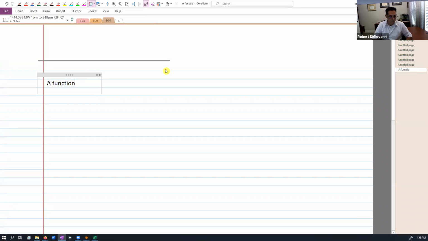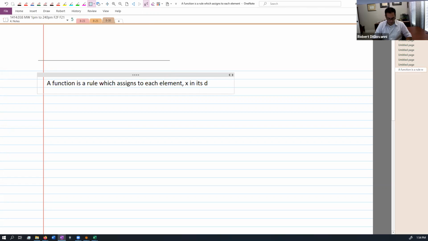A function is a rule which assigns to each element x in its domain exactly one element f of x in its range.